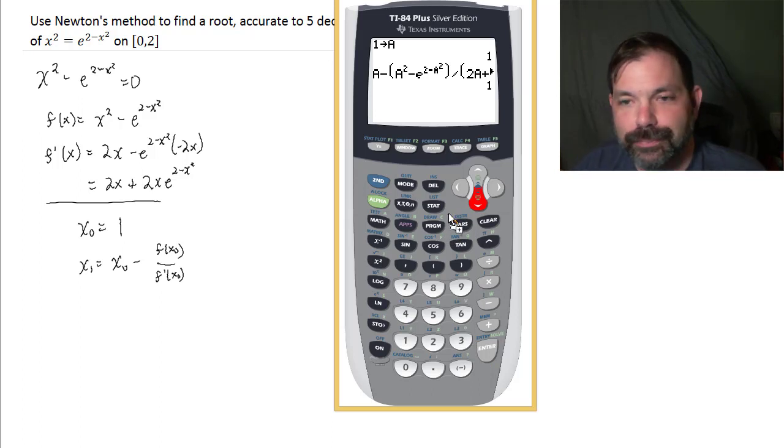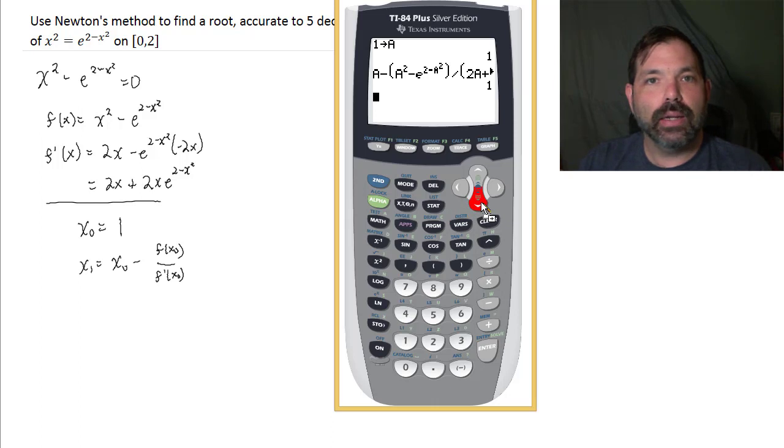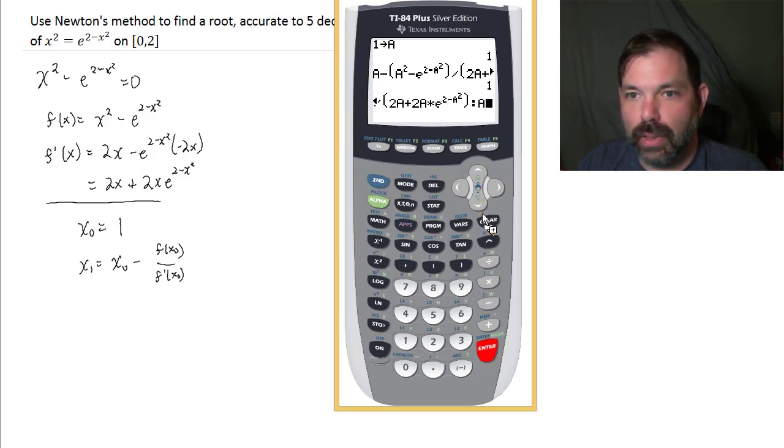So that shouldn't have happened, and I realized that I made an error when I input this. After I typed in that expression with all the a's, I forgot to store the new value as a. So let's hit second enter. And notice right here, I forgot to store the value as a.